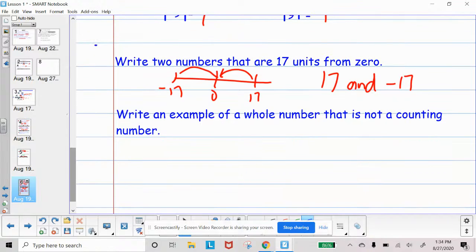Write an example of a whole number that is not a counting number. Counting: 1, 2, 3. That's when I was a kid and I learned how to count. And then remember what they added. When they added whole numbers, all they added was 0. So a whole number that is not a counting number would be 0. Great.